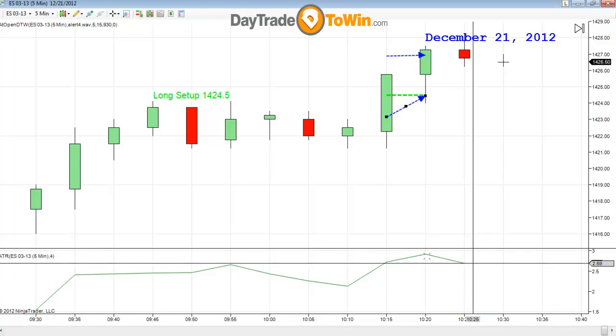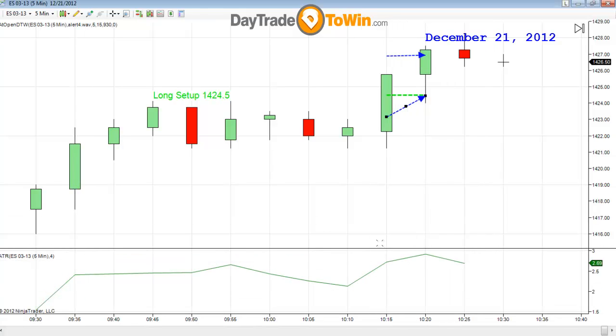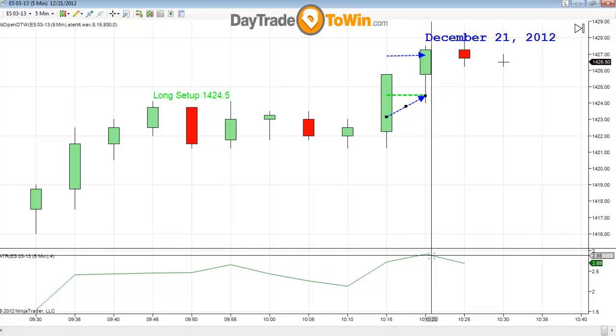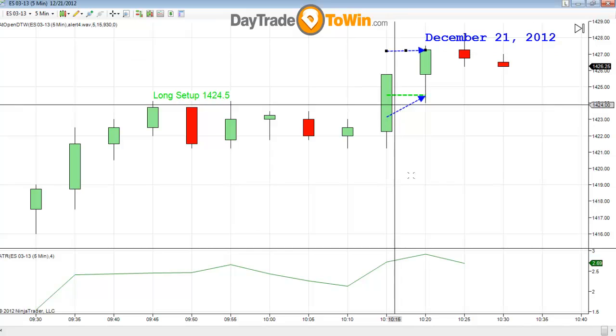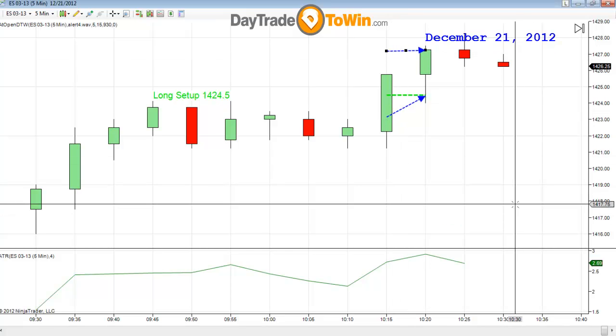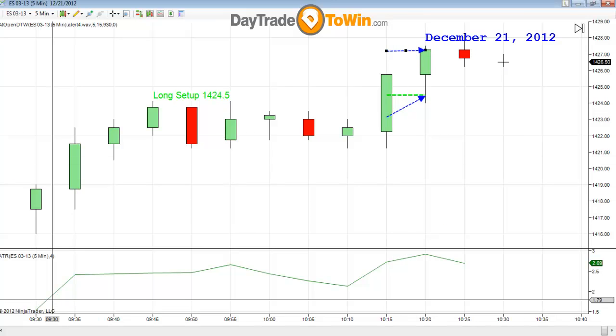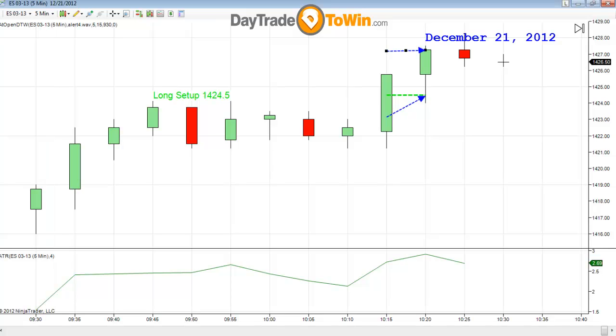I like to look at the ATR to tell me what to do with it. The exact ATR in this was 2 3/4, so it definitely hit the 2 3/4. I always look at the ATR and then I manage my trades accordingly.